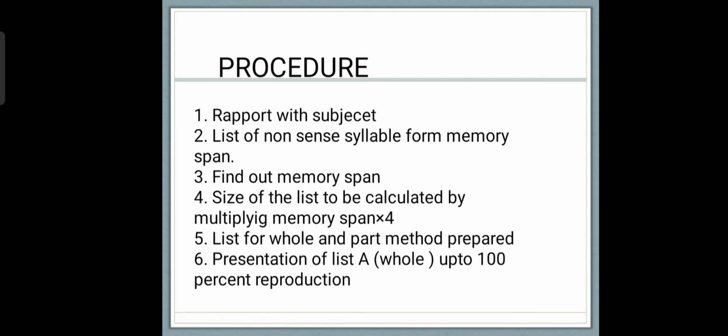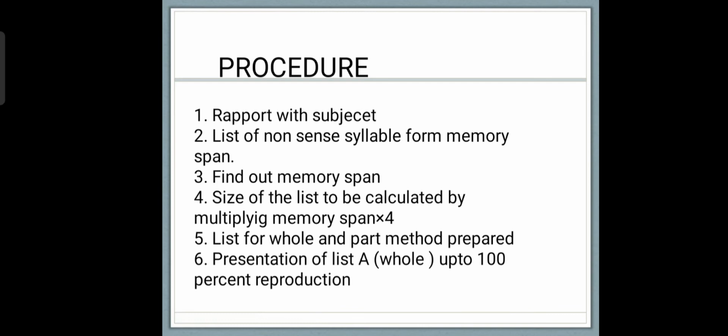Like, if you have given 10 syllables, and the subject can reproduce 3 of them in the same order, then the memory span is 3, and the size of the list for the practical will be 3 into 4, that is 12. For the whole method, we need to prepare a list A of 12 nonsense syllables.